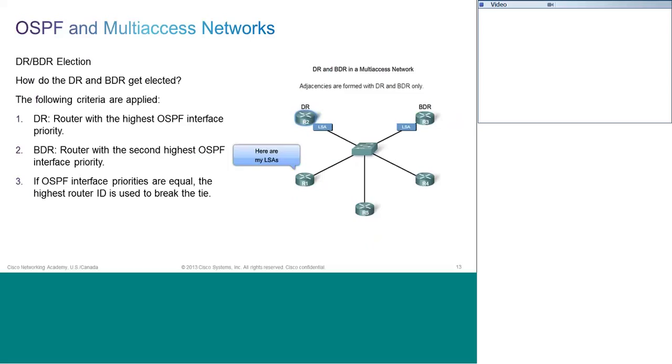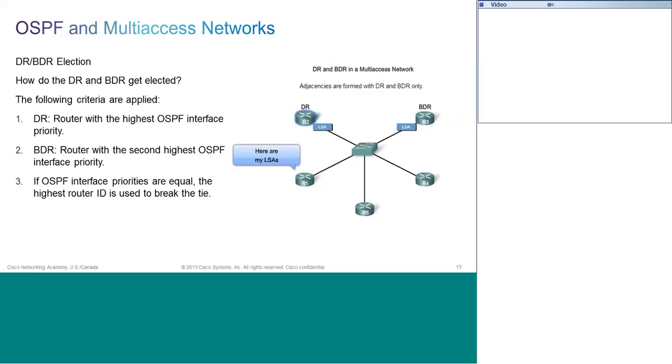So how are designated routers and backup designated routers elected? The following criteria are applied when electing a designated router and a backup designated router. First thing that will happen is the router with the highest OSPF interface priority will become the designated router.